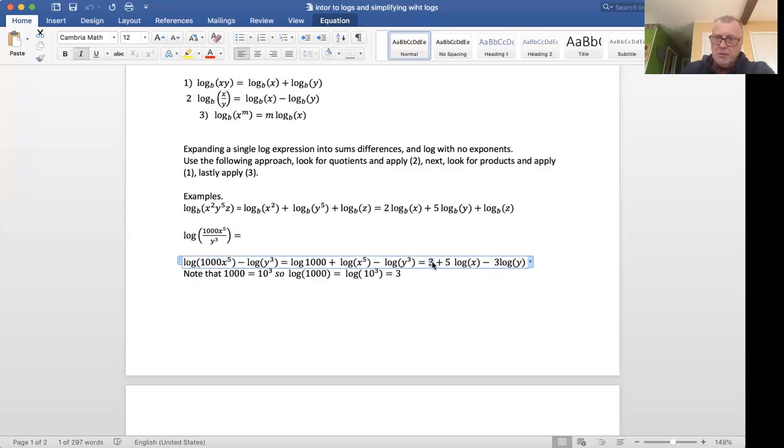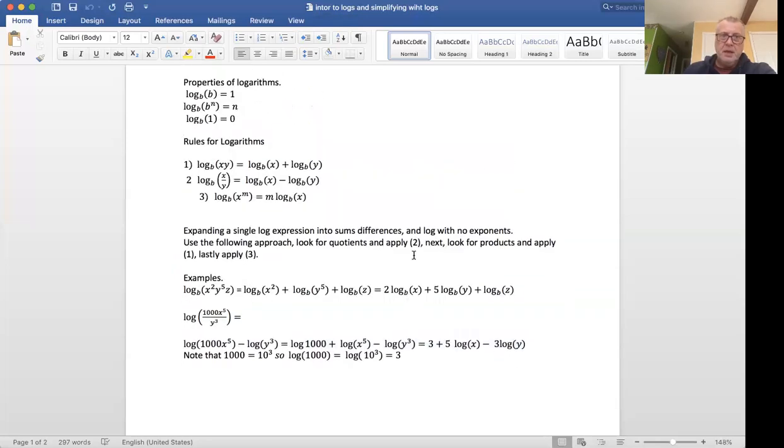Where did this 3 come from that magically changed to 3? We had log of 1000 here. That 3 came from the idea that 1000 is 10 to the third. So the log of 1000 is the log of 10 to the third. If I go back up to those properties, this is just like saying log base 10 of 10 to the third is going to equal the exponent, so that's 3.